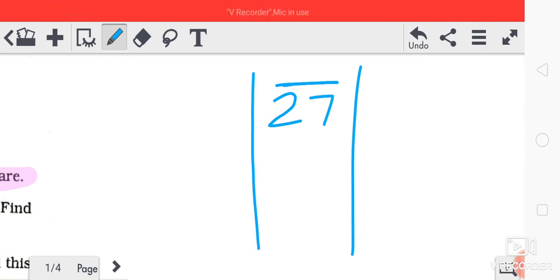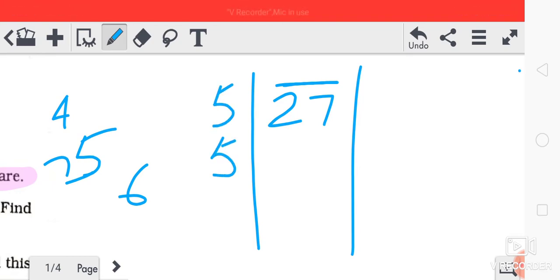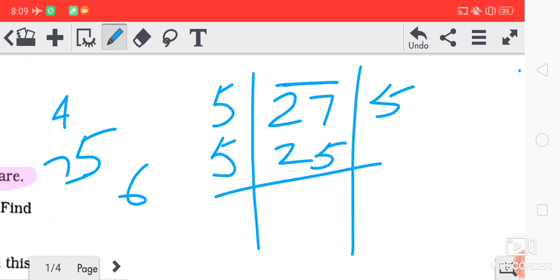Okay, so 2 digits we have taken. So 27, is it a perfect square? This is not a perfect square. 4 4s are 16, 5 5s are 25, then 6 6s are 36. In 6 times we are getting greater than this, in 5 times we are getting less than this. So 5 5s are 25. Okay, so 7 minus 5, 2 we are getting.